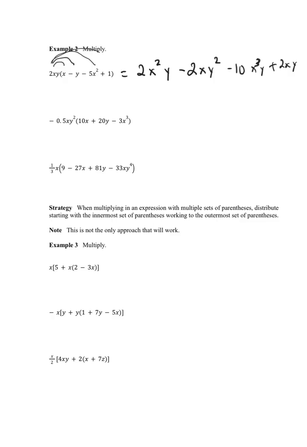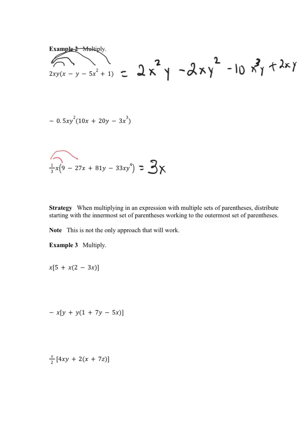So after you do all 4 distributions. The second one would be pretty similar. I'll do the next one just because it has the fractions. 1/3 x times 9. Okay, so imagine this. The 3 cancels out with the 9. So that ends up being 3x.